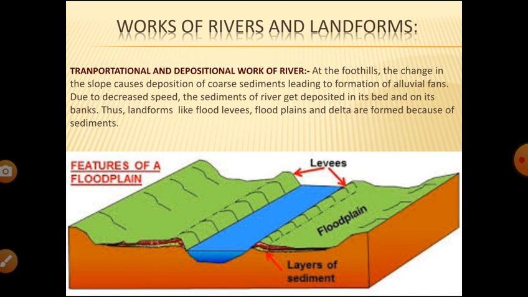A river flows down the slope from a hilly region. At the foothills, the change in the slope causes deposition of coarse sediments. As these are deposited in a triangular shape, they form an alluvial fan.